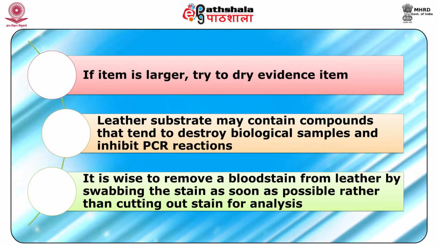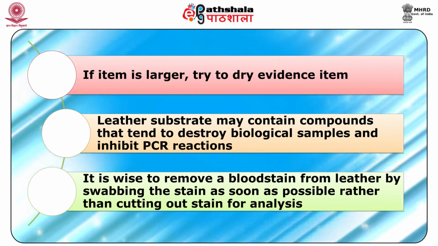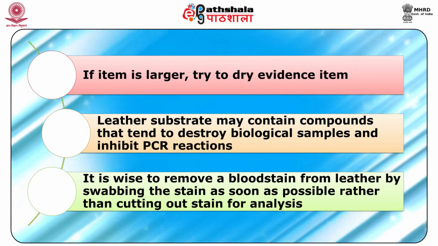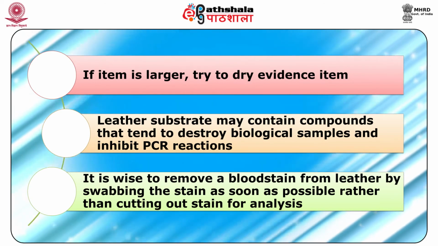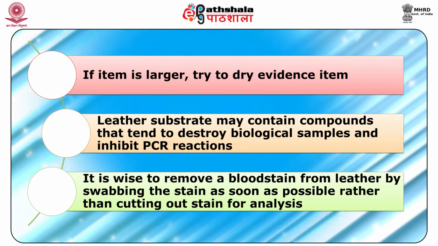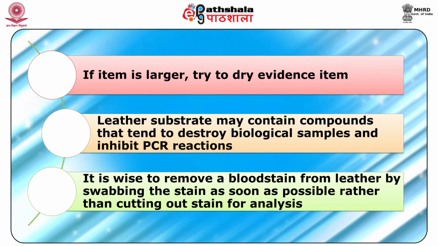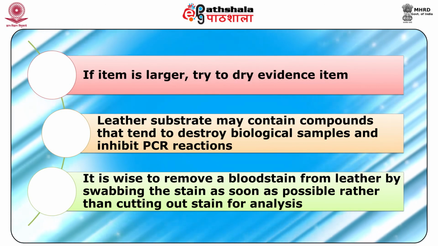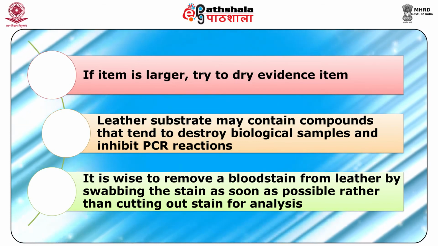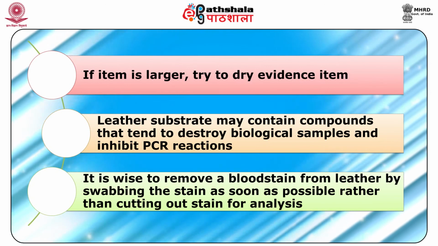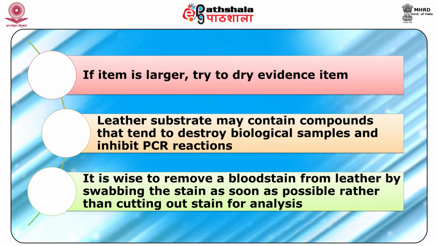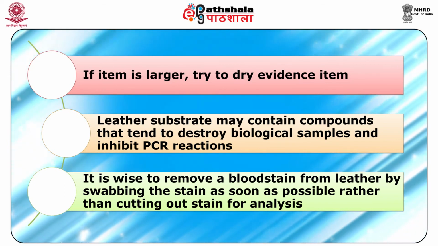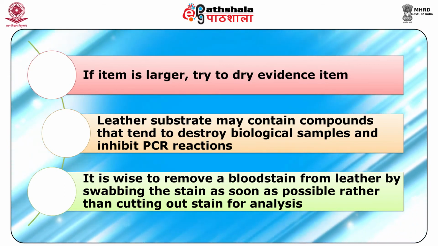The next decision that will likely need to be made is how the evidence should be stored until it is analyzed. Some types of evidence may require that the biological sample be removed from the surrounding material before storage. This would be done to minimize contact of the biological sample with potentially harmful material. For example, leather substrates may contain compounds that tend to destroy biological samples and inhibit PCR reactions.